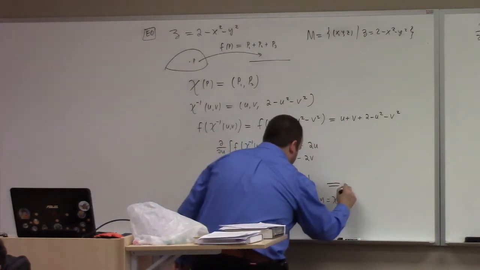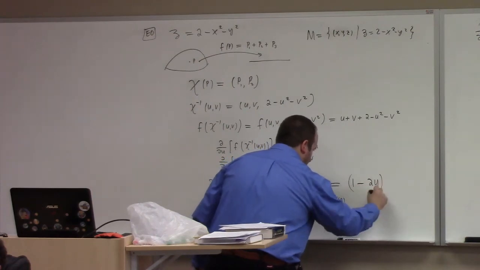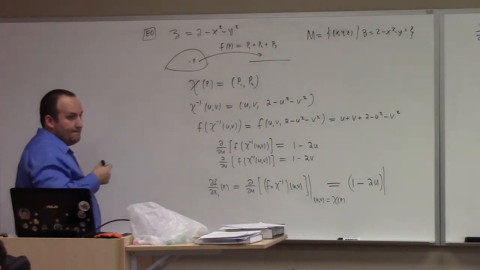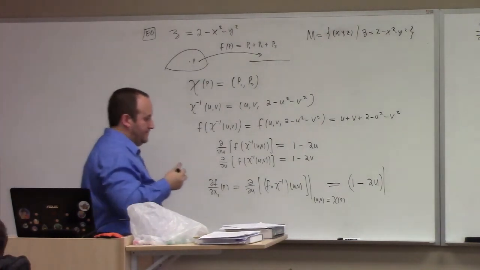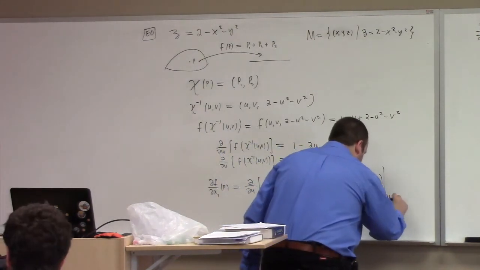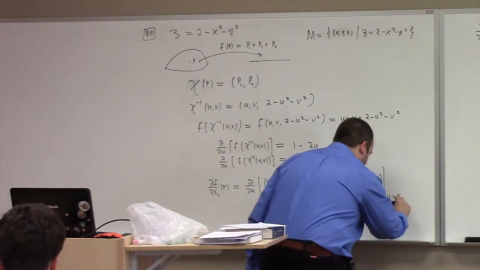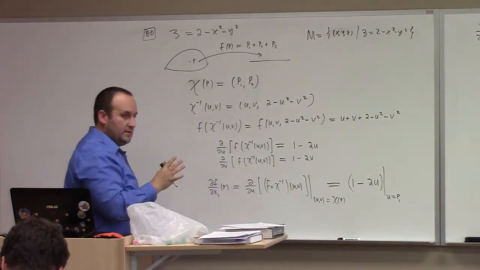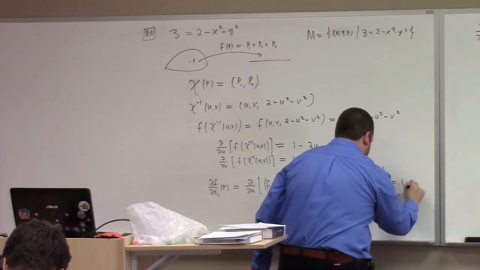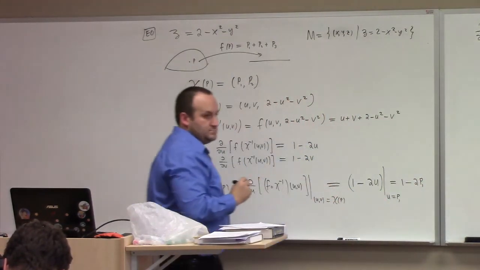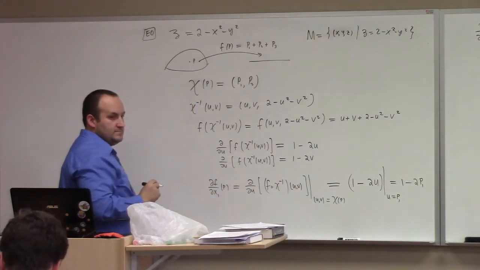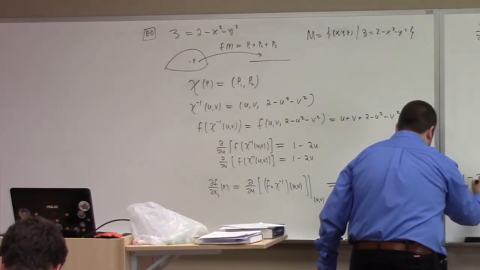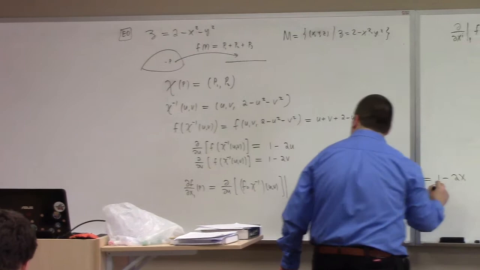Which is 1 minus 2u, such that u equals p1. So that is 1 minus 2 p1, which really is 1 minus 2 times x1.